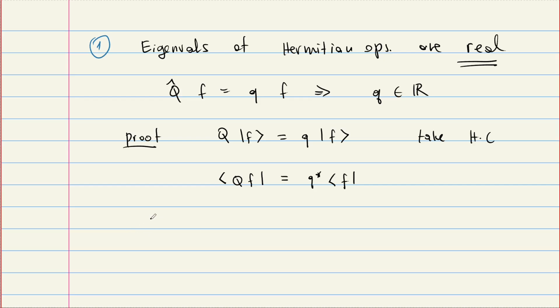Now, let's take the inner product of f, Q, f. We know this piece is q times f. And this is equal to, I can take this Q to the other side, right? Normally it's Q dagger, but we know this is a Hermitian operator, so Q dagger is going to be Q acting on f, and this is f. And I know this piece from this equation is q star f.